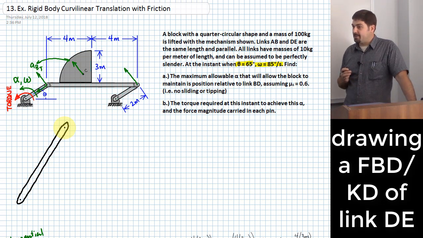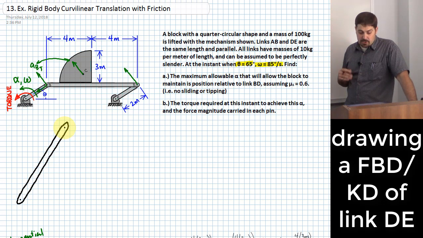It is not, because it is a dynamics problem. That is no longer a two-force member because now we have some accelerations that we have to consider. So I cannot just assume that the force in member DE is directed along a line between one pin and the other, because I can't assume that it's a two-force member anymore.